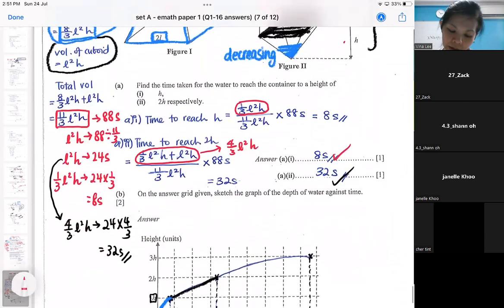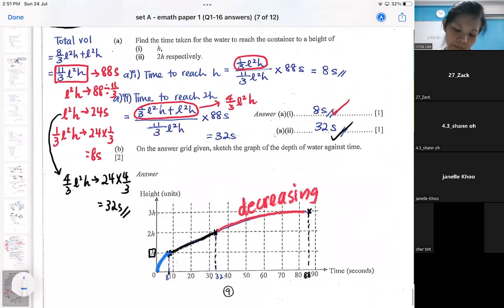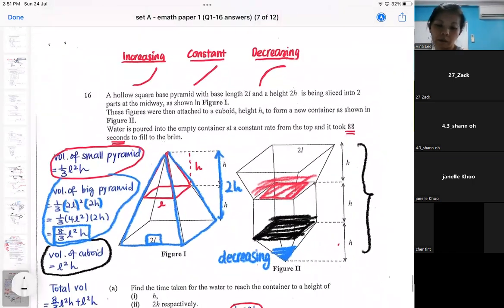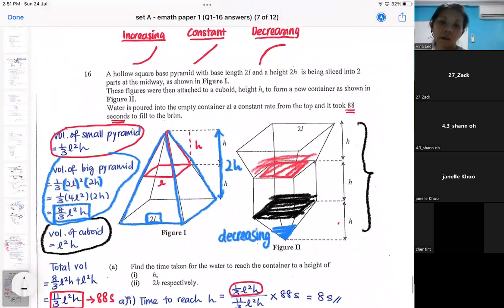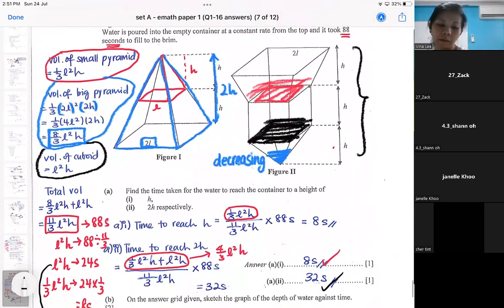So again it is a slower rate. So this one is decreasing. And then this part is also decreasing. So I'm using the decreasing curvature. And then the middle part, I'm using the constant curvature. So it comes down to the idea of increasing, constant, or decreasing, and it also boils down to calculating in terms of volume.